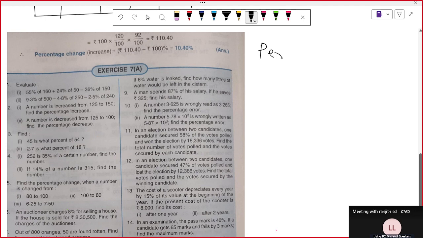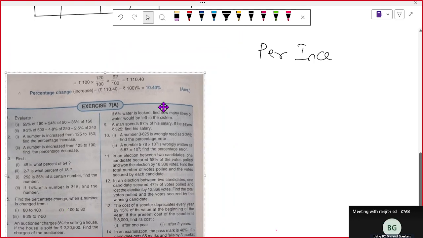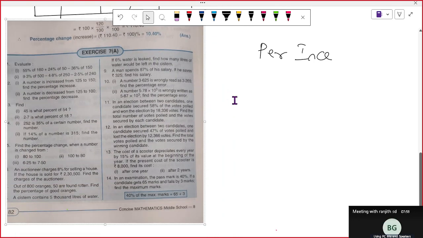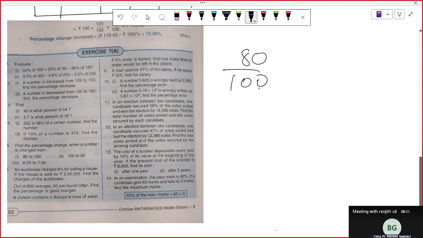What is the meaning of percentage decrease? It's going down, reducing. For example, you scored 80 out of 100 in last year's exam, and now you have scored 70 out of 100.